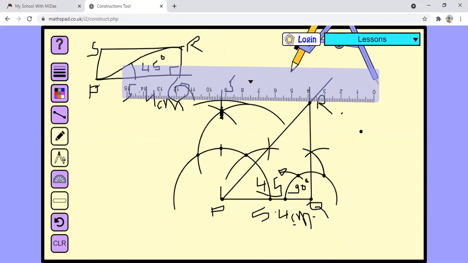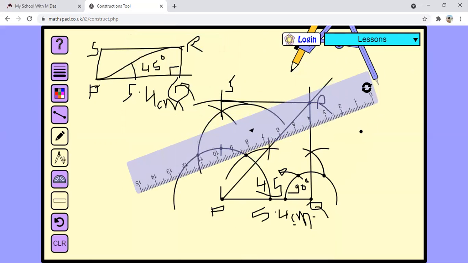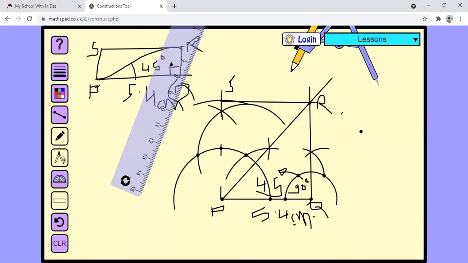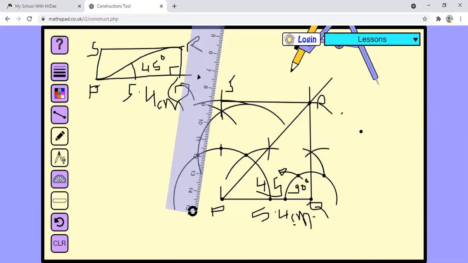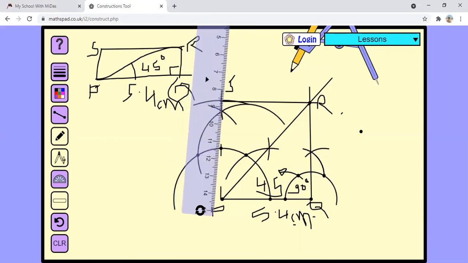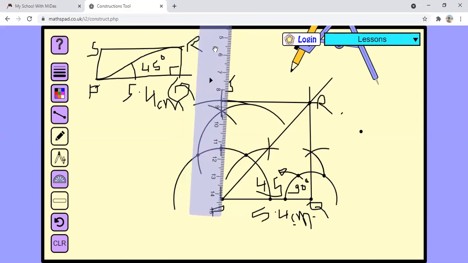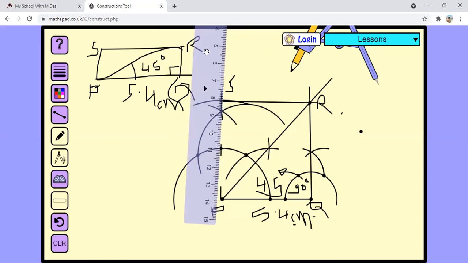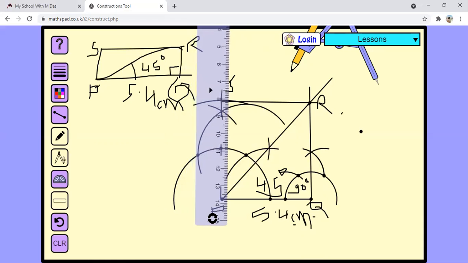Okay, with the help of ruler and pencil, join this intersection point with this one, R. And now we have to put the ruler this side and join it also. This S and P should be also joined. We need this also.